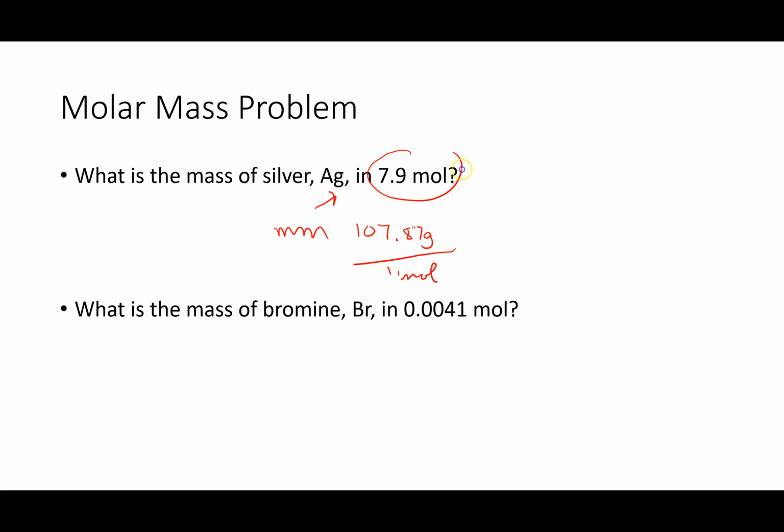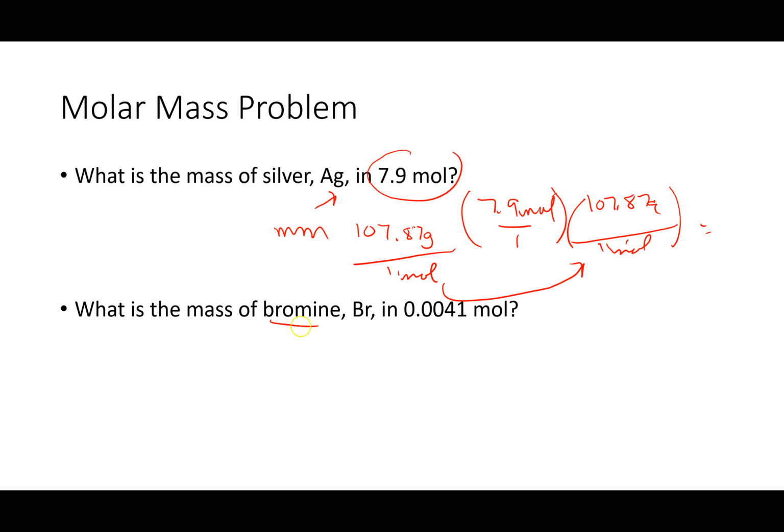So to work this problem, my first term is going to be 7.9 moles. I'll put it over 1. And if I want moles to cancel, I won't flip it. I'll just bring it as is. So 107.87 grams per 1 mole. Now moles cancel and we're left with units of grams, and that'll be our answer.